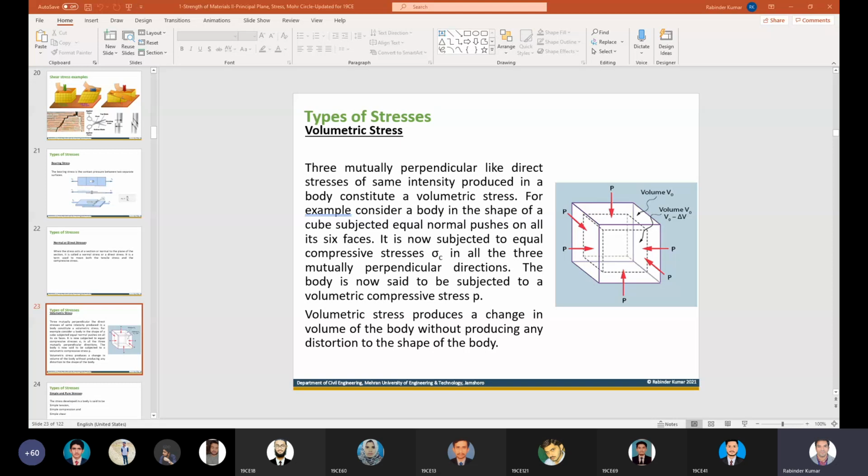113, are you around? Yes, sir. 113, can you define the bearing stress for me? Bearing stress? I just gave you the definition for bearing stress.